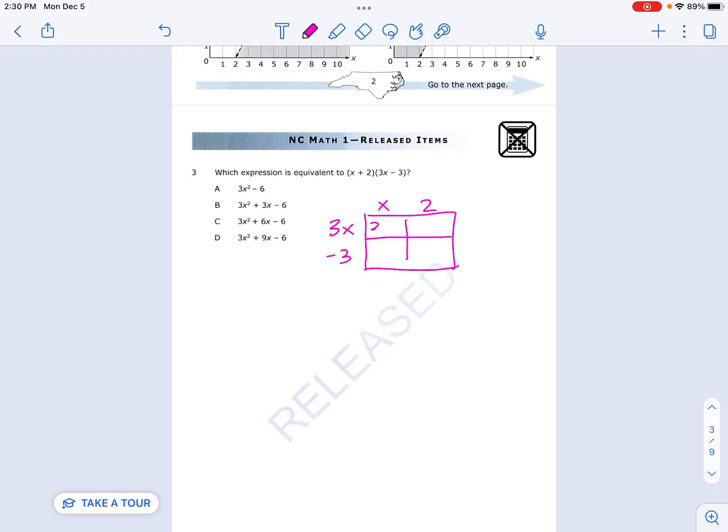We're multiplying, so we get 3x squared, 6x, -3x, and -6. And then we combine our like terms. So we have 3x squared, 6x minus 3x is positive 3x, minus 6.